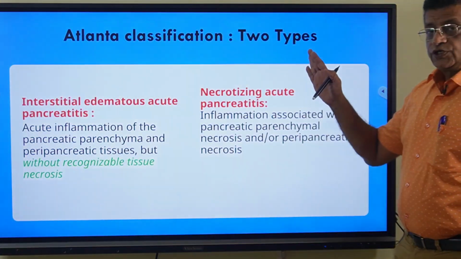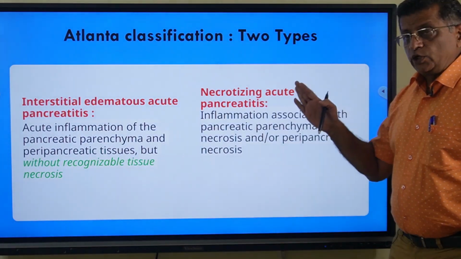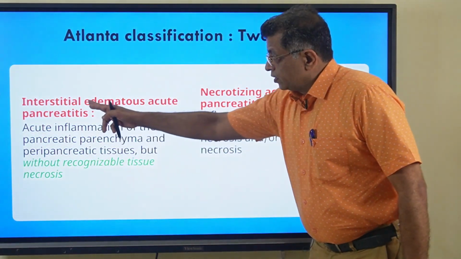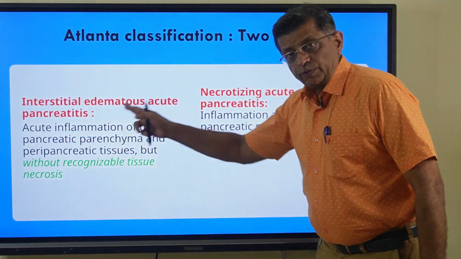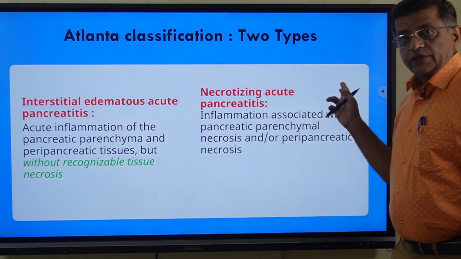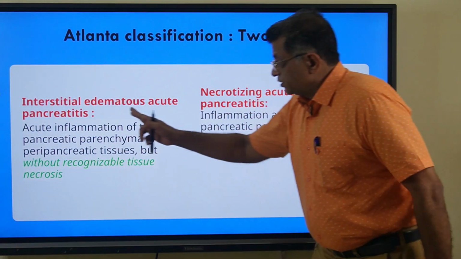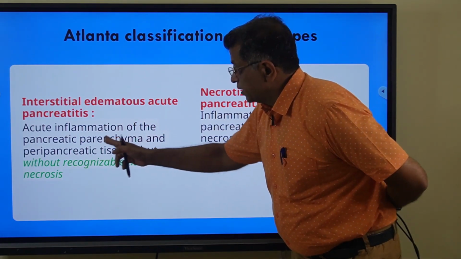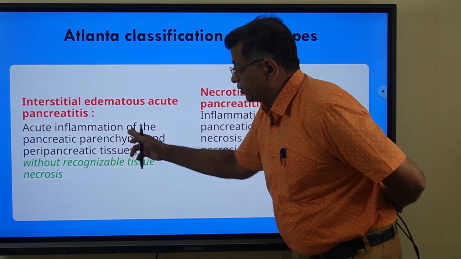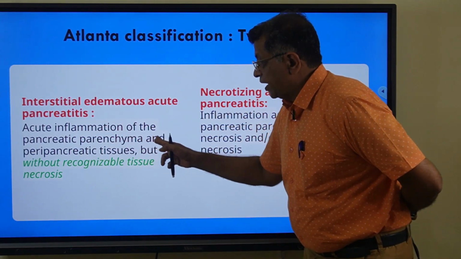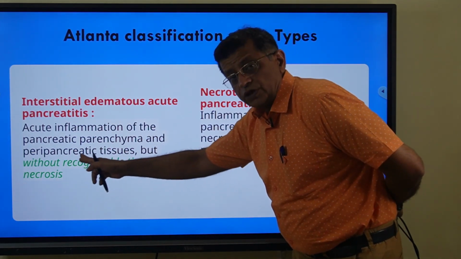The Atlanta classification divides acute pancreatitis into two distinct types: interstitial edematous acute pancreatitis and necrotizing acute pancreatitis. Interstitial edematous acute pancreatitis is characterized by acute inflammation of the pancreatic parenchyma and peripancreatic tissue, but without necrosis.